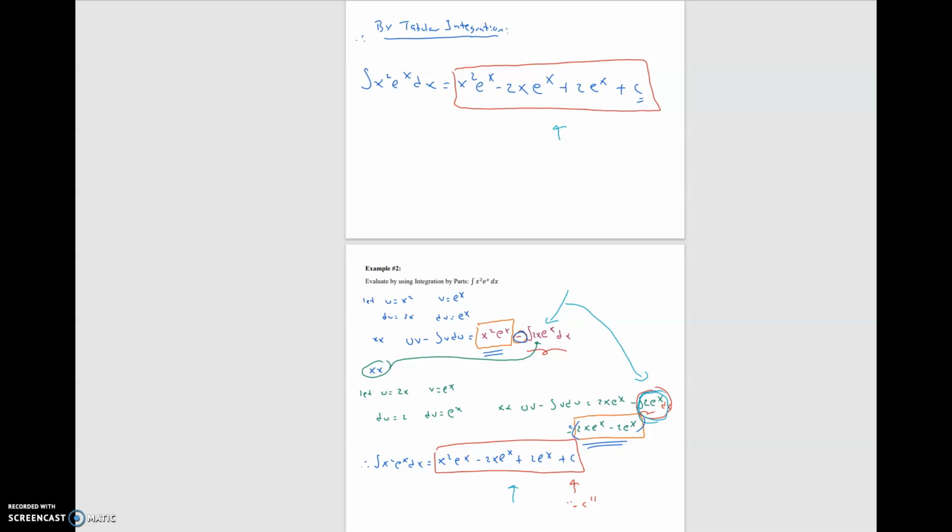But on any problem, since we don't have the bounds, you could always say plus a constant, but the constant could end up being negative. So there is a chance that on another problem, if you follow all the algebra correctly, you end up with a constant that's negative or a fractional constant.